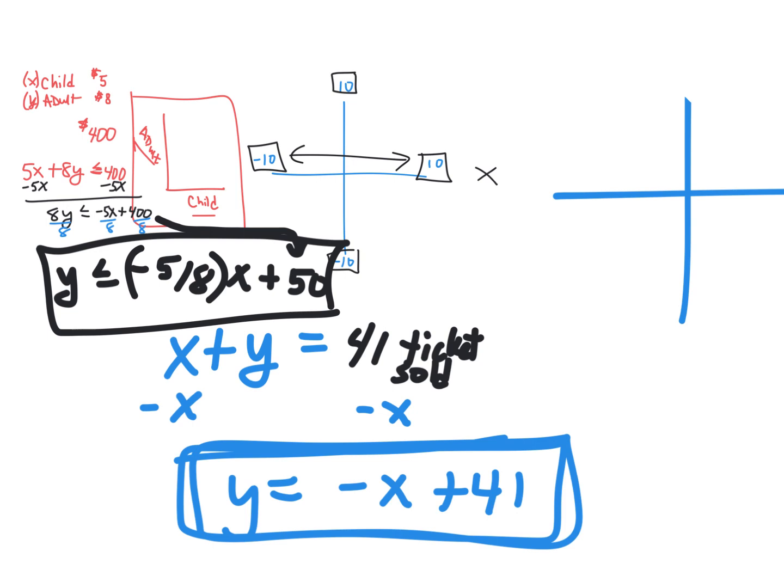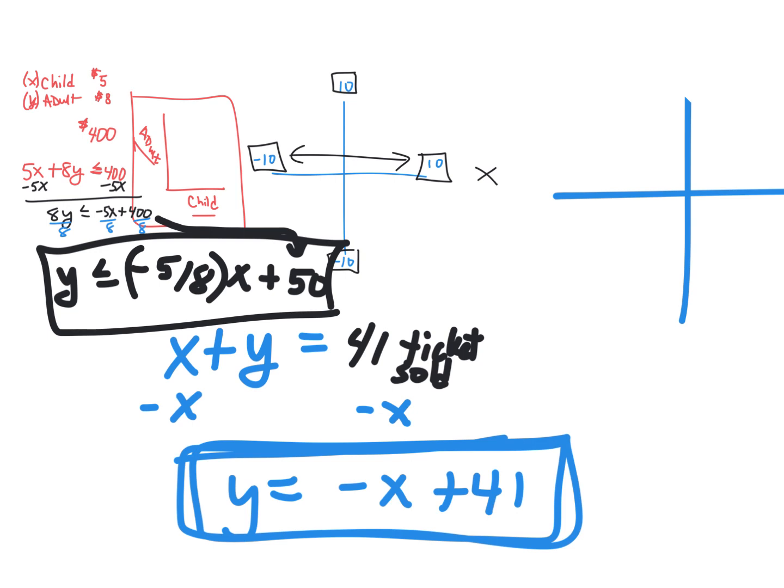Negative x, y. The trace. Usually it's an intersection. Okay.